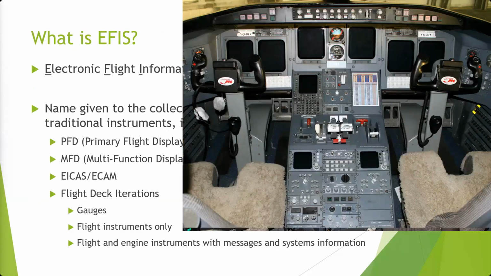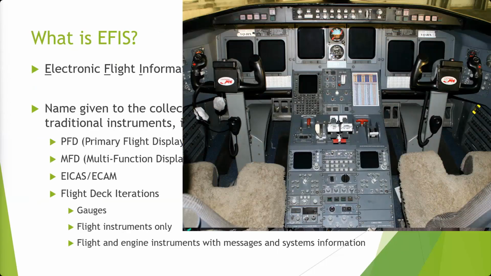And then you get to that third generation. So here we have our flight and engine instruments. For flight displays, there's a pair of displays in front of each pilot. And then we have a pair of EICAS displays in the middle on the top there. Those two EICAS displays are going to have all your system information. You're going to have engine instruments on the left one.